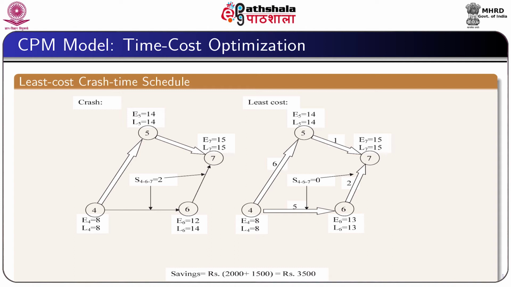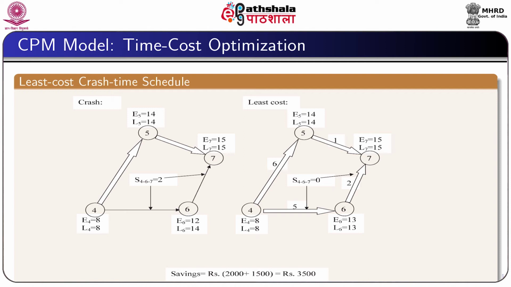So, the cost saving in the activity 4, 6 is 1,500 and the cost saving in the activity 6, 7 is 2,000. Since the cost saving in the activity 6, 7 is more, we will try to extend the activity time of the activity 6, 7 as much as possible.